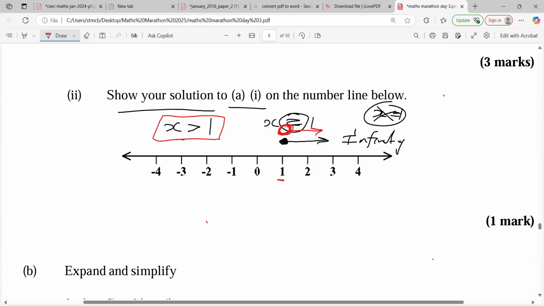So basically, it will start from 2. When x is greater than 1, the solution starts from 2. But when it has this, the solution starts from 1. So it's greater than or equal to 1 as well. So 1 is a part of the solution.